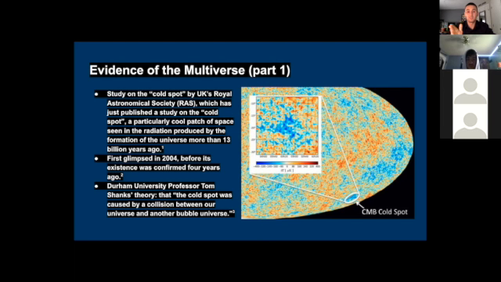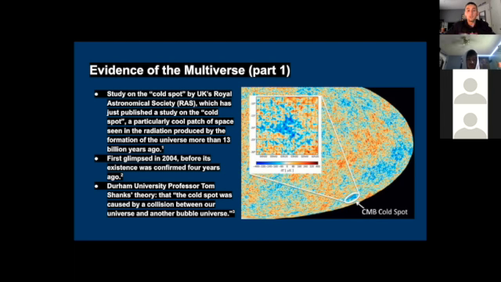So this is a remnant of the birth of our universe, the Big Bang, if you will. This cold spot was first glimpsed in 2004, though its existence wasn't confirmed until 2017. It says 4 years ago, but I'm following the math of the article, so forgive the confusion.